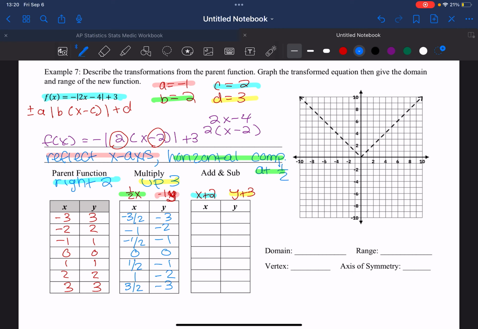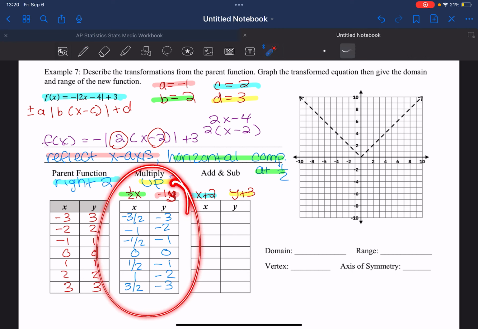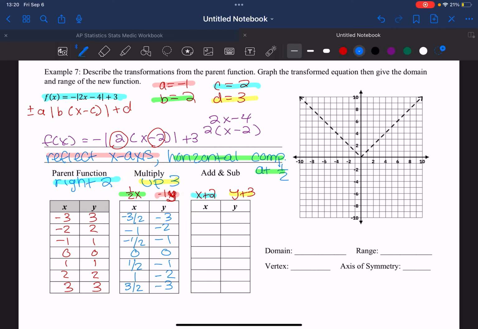Okay, now looking at this new table I created, I'm going to do this next thing by adding 2 to x and 3 to y. So adding 2 to x, -3 halves is the same as -1.5.